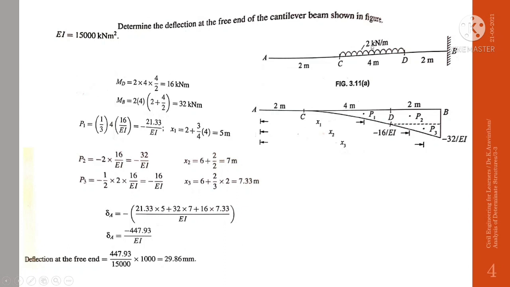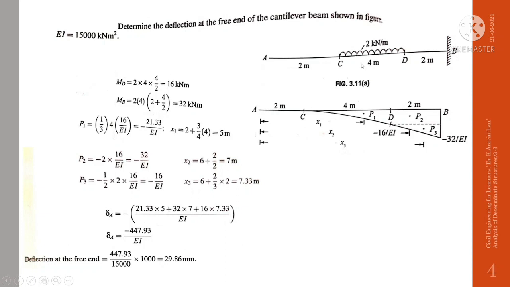Under this particular area you will have a curved parabola, and after that a straight line. So you have to be careful while calculating the area of a triangle, area and centroid. This is the only difference between the previous and this problem.